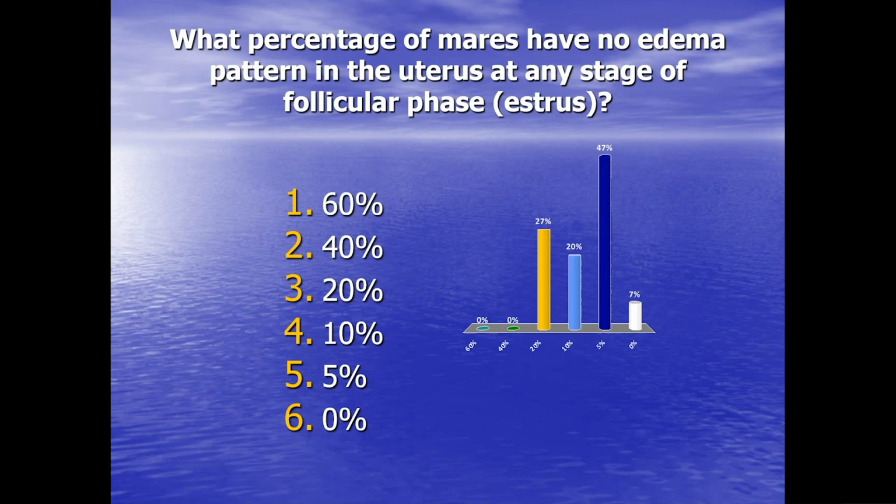So when I have a mare where the follicle is growing, 25, 28 the next day, 31 the next day, but no edema patterns in the uterus, cervix, I think it's opening, a bit hard to tell.